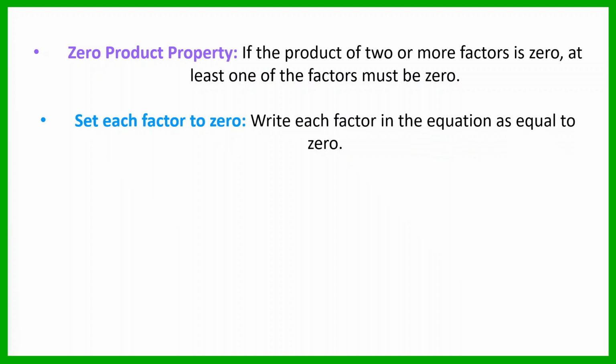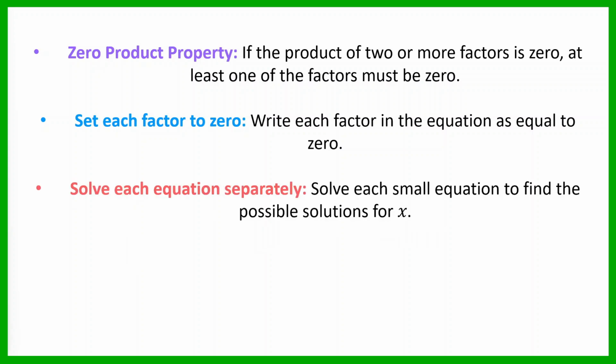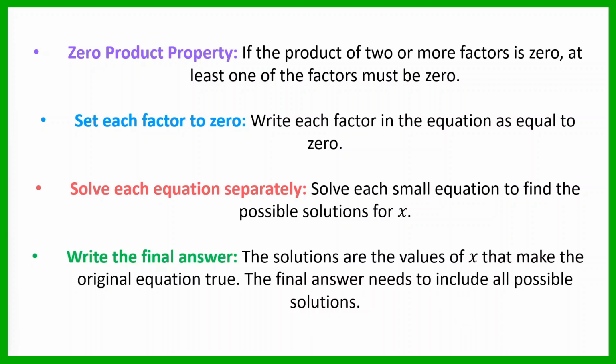So you write each factor in the equation as equal to 0, and then you solve each of those equations separately, finding different possible values for x. And once you've found all the possible solutions for x, you then need to write the final answer. The solutions are all the values of x that make the original equation true. The final answer needs to include all of the possible solutions.